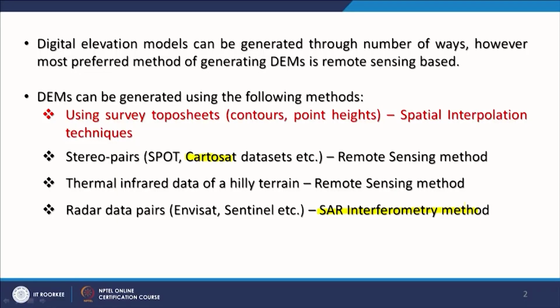And now the other method, which has brought really a revolution in digital elevation model availability at a global scale, is the SAR interferometry method, or InSAR in short. This started basically with the SRTM, Shuttle Radar Topographic Mission. That was a mission of about 16 days, and during that time 80% of the globe was covered and radar data pairs were generated.